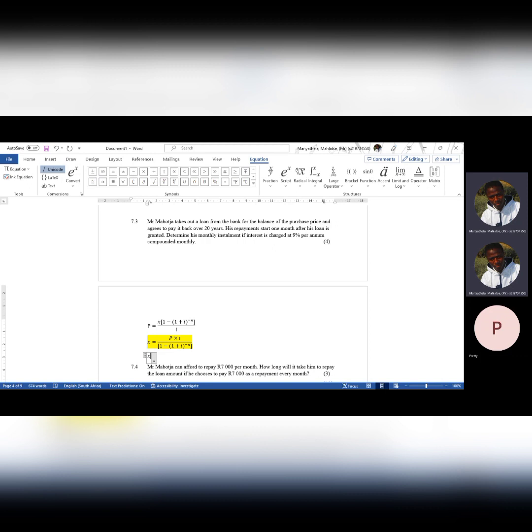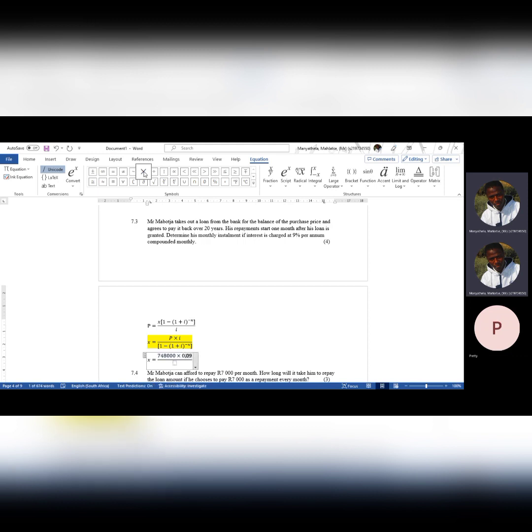So x equals the present value amount, which is 748,000, right? Let me just use a fraction. 748,000, and then we are going to multiply it by 0.09, which is the interest.